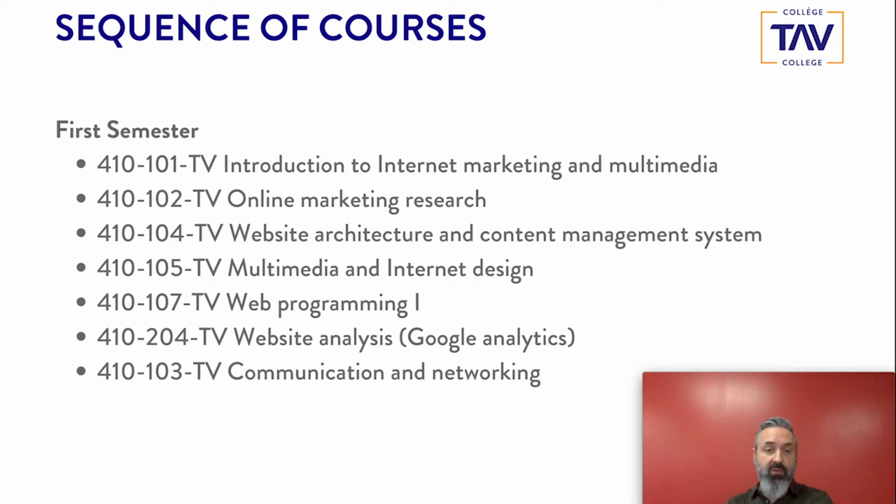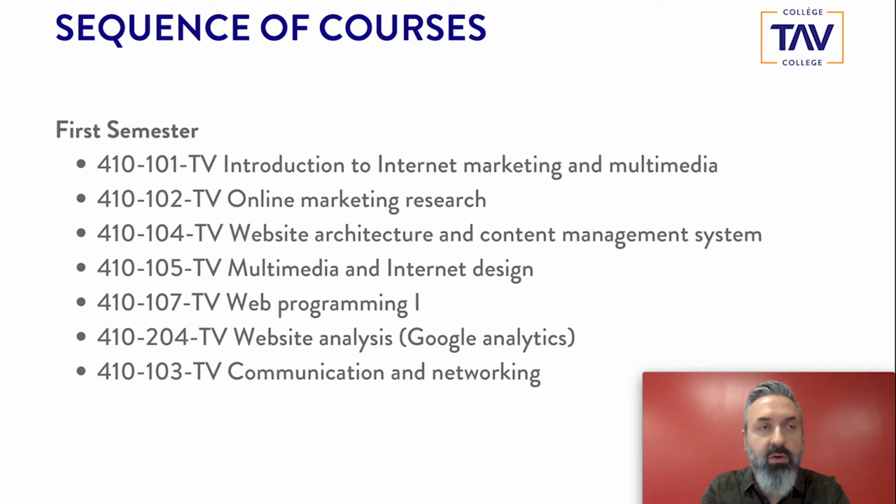Now we have over here two courses, the 104 and 107, Website Architecture, Content Management System, and Web Programming 1. These classes run both at the same time, so they're twice a week. We finish the first one, 104, in 7 weeks and a half, and the second one, the 107, in the next 7 weeks and a half, so it's in total 15 weeks.